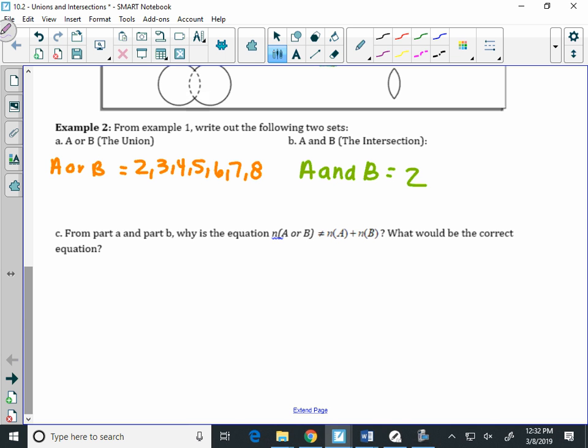Let's see why that doesn't work. So let's take a look. When we wrote out their union, how many elements were in that set? How many outcomes? How many total? 7, right? We're going to see why that's not equal to just adding the two sets together.